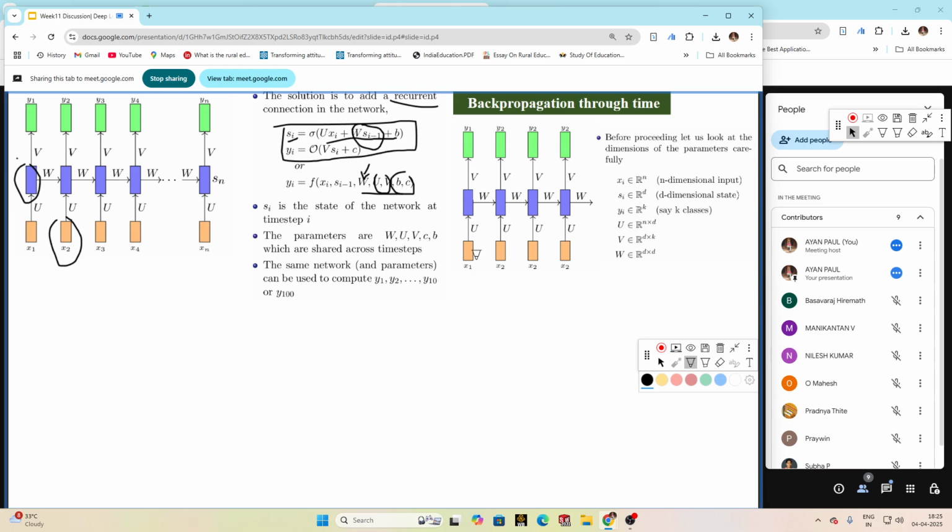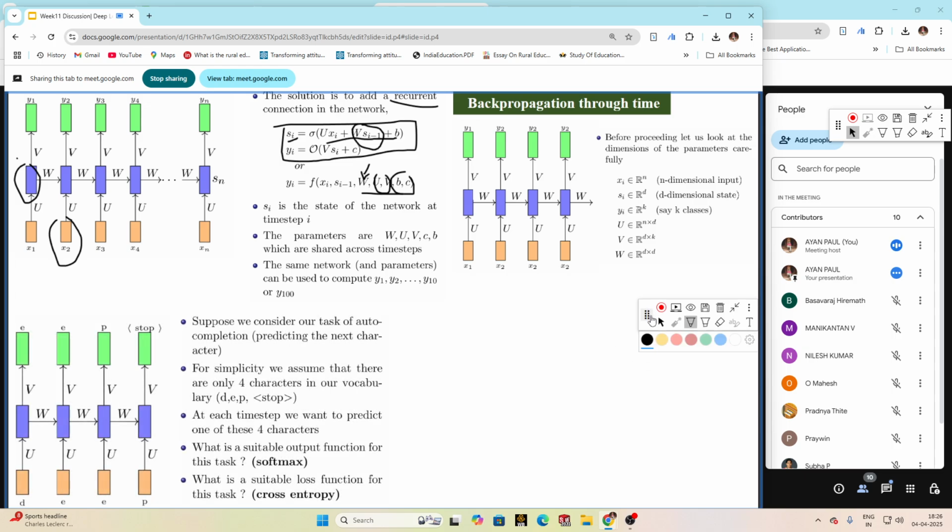U will be R^(n×d), because the input is n dimensional and the hidden state is d dimensional. Similarly, V will be d×k, and W will be d×d. So these are the dimensions of the inputs, hidden state, as well as the parameters of this recurrent neural network.